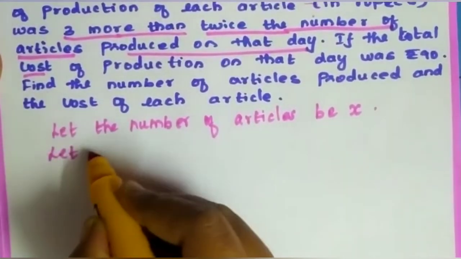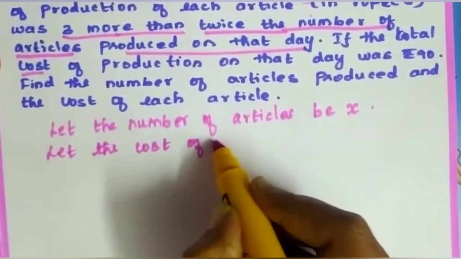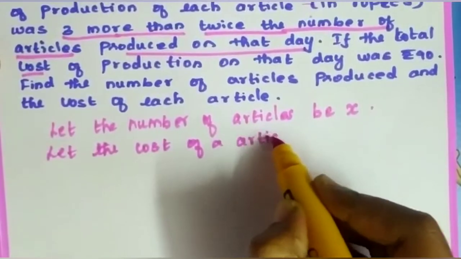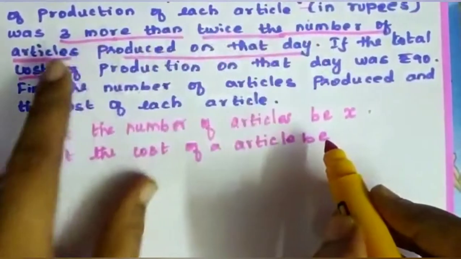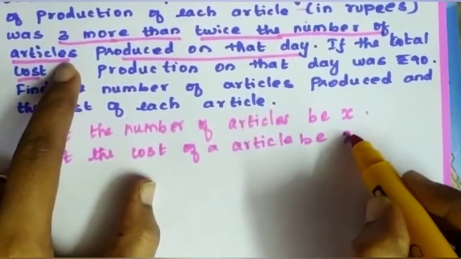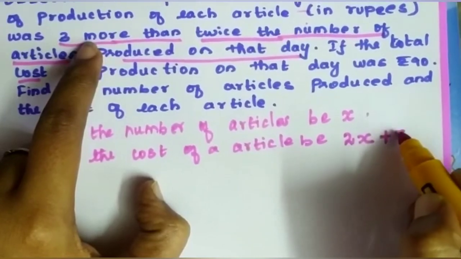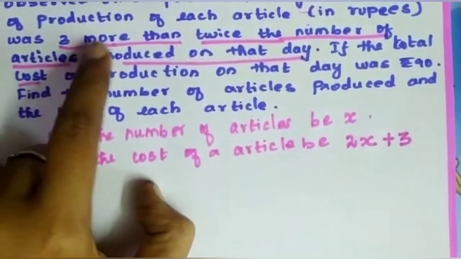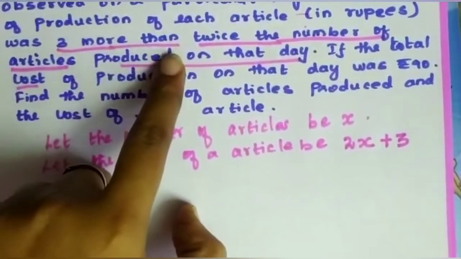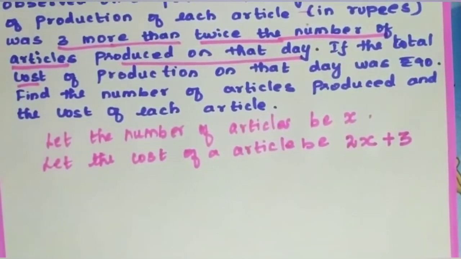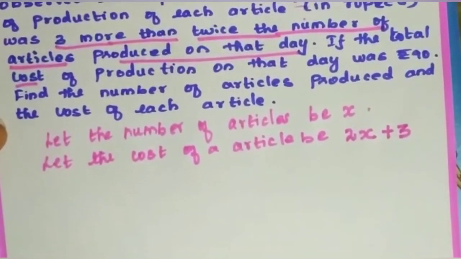Let the cost of an article be twice the number of articles, and it's 3 more than that. So 2x plus 3.